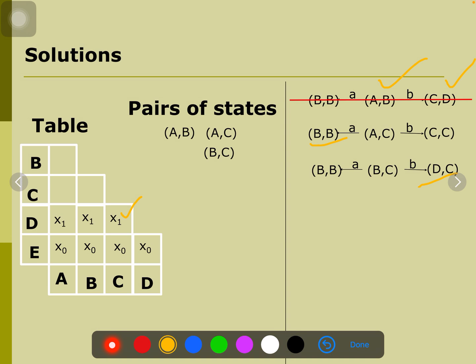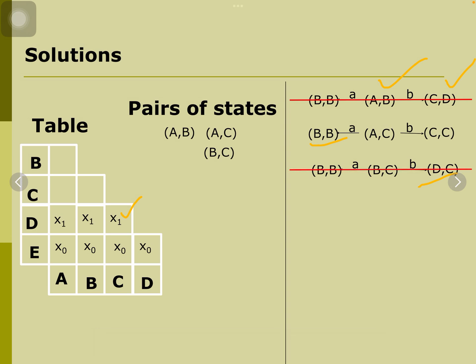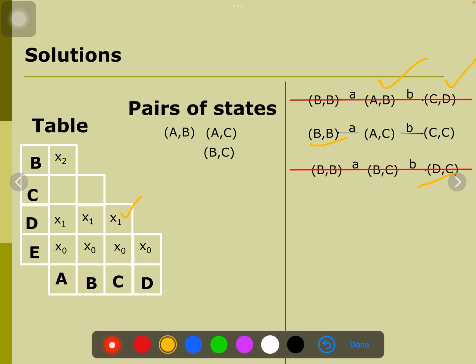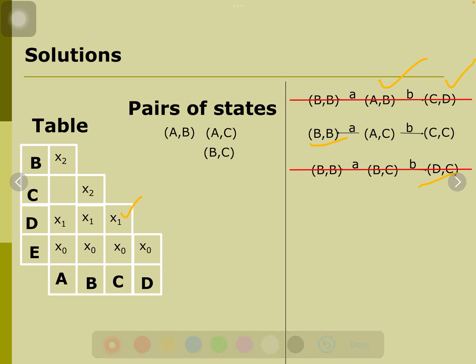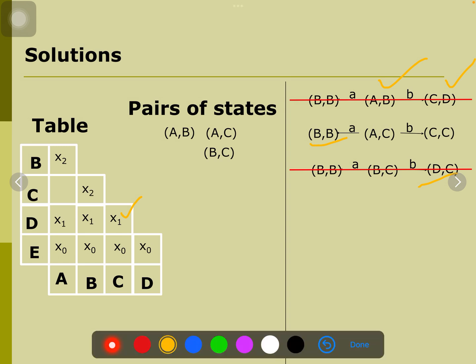DC is marked by X1, then I have to mark BC. So AB is marked by X2, then BC is marked by X2. What is the remaining pair of states?